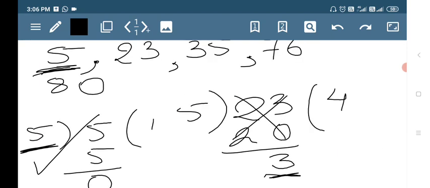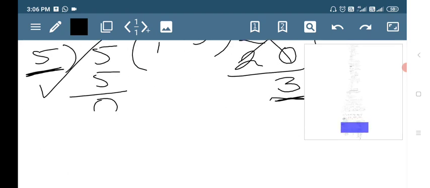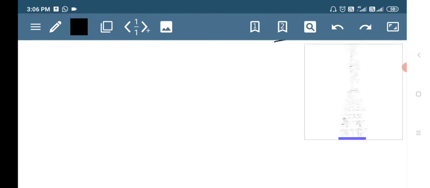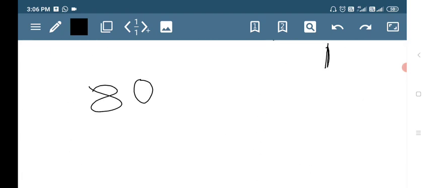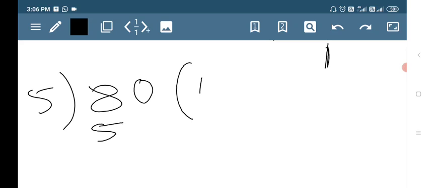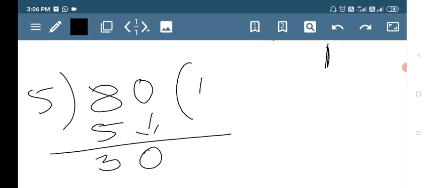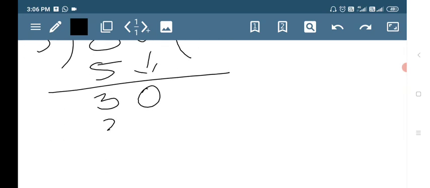And the last number I have, 80. Try to divide 80 by 5. 5 ones are 5, bring down the 0 here. Now 5 sixes are 30.